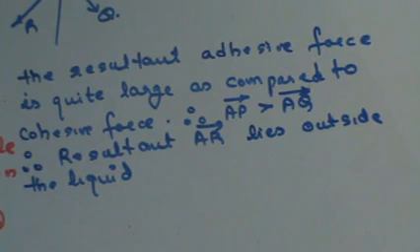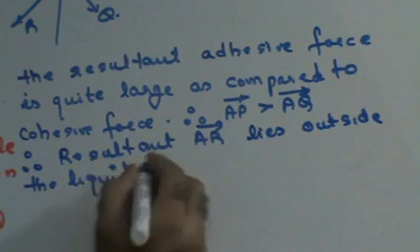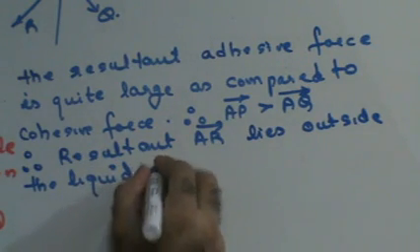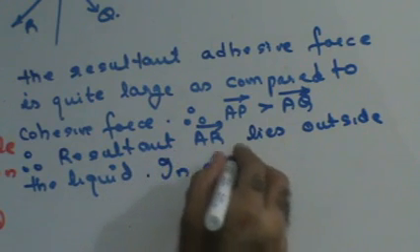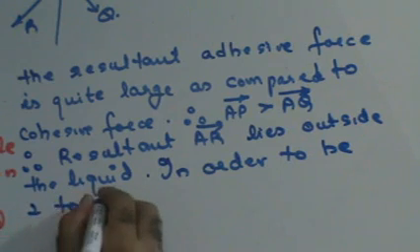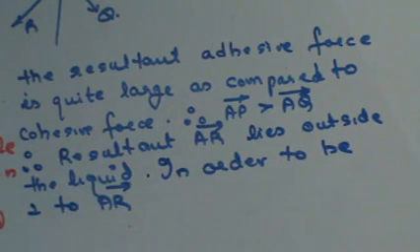Now, in order to be perpendicular to AR vector, we said that at equilibrium the liquid surface should be perpendicular to the resultant vector.